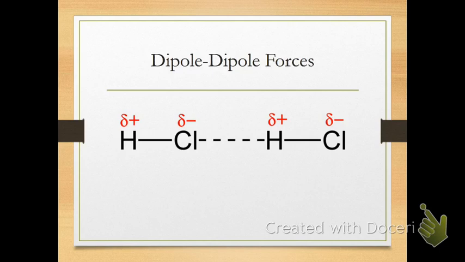Okay, let's see. Oh, let's do this one. PCl5. So phosphorus and sulfur have the ability to do something called expand their octet.